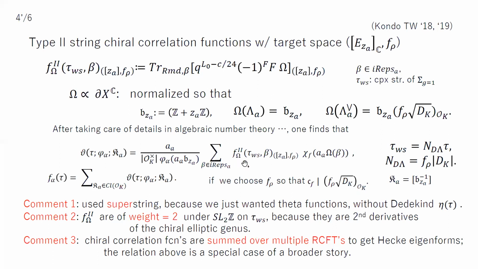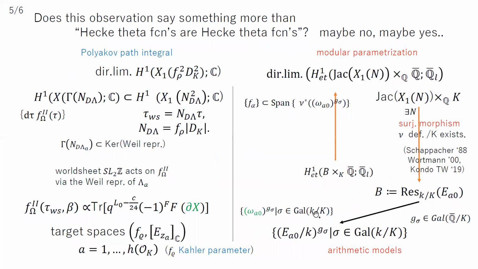So this is nothing more than a special case of a broader class of observations. We are just talking in that context of a very special case, which specifically corresponds to the modular forms and Hecke eigenforms that correspond to the Galois representation of the target space. So that's a remark.